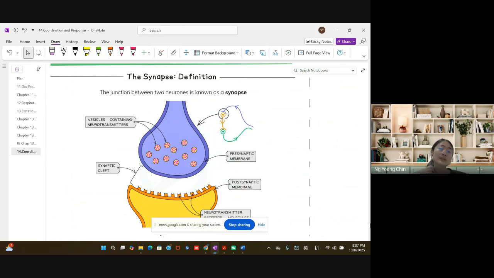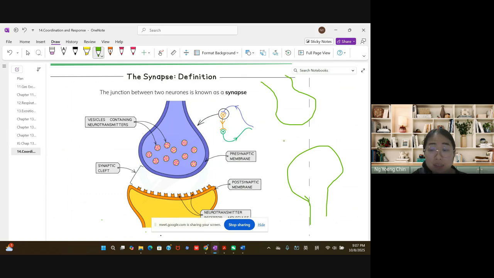In order to allow the nerve cells to contact each other, they need to be connected, so they have the synapse. The synapse refers to the space between the pre-synaptic neuron and the post-synaptic neuron. This space is called the synapse.